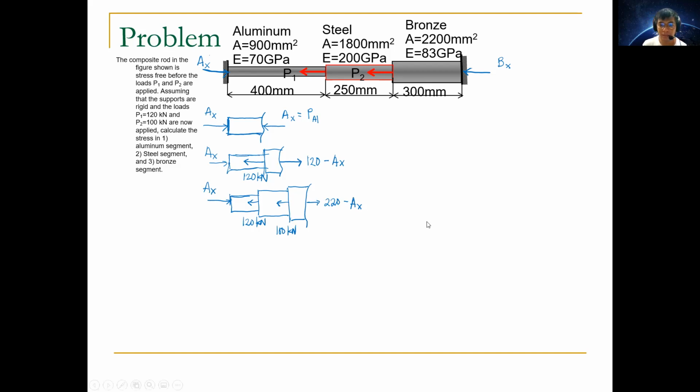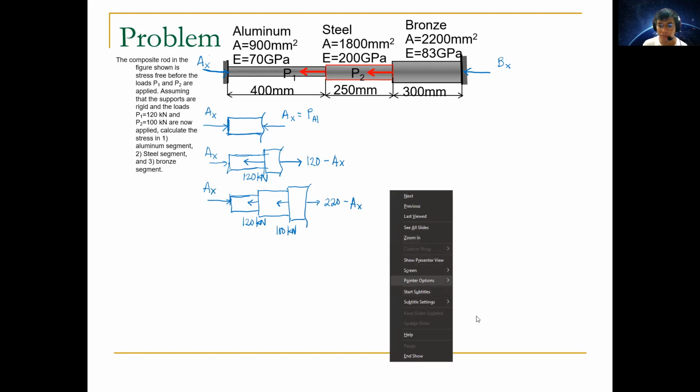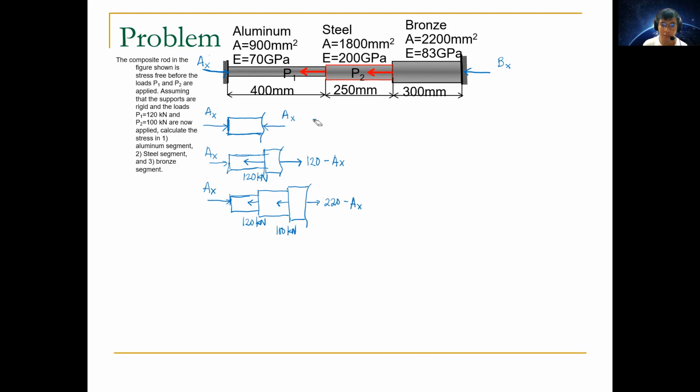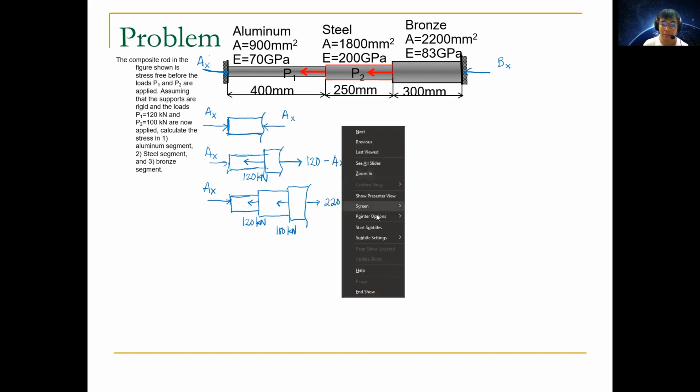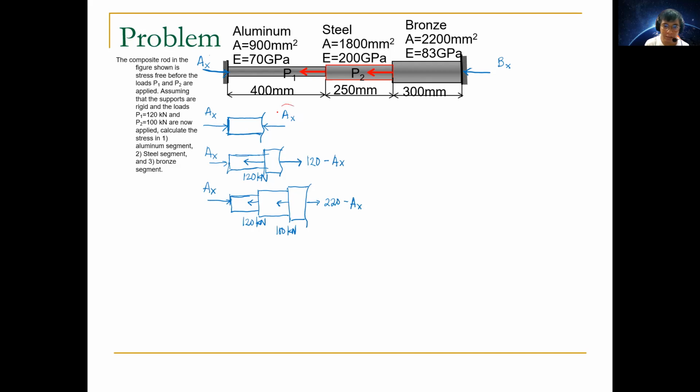Notice that all of the forces being experienced by these portions are considered part of the forces applied to your different materials. So let's say for example this AX, whatever its value later on, is just equal to P sub aluminum, right? So we can represent the numerical value of the reaction coming from AX as P sub AL.